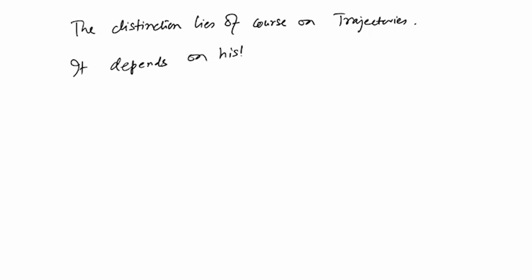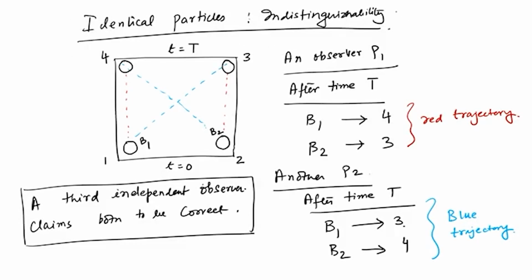You can either call it history or trajectory, they mean the same thing, in the sense of how one identical particle went from this corner, from this 1-2 position, to the 3-4 position and so on.